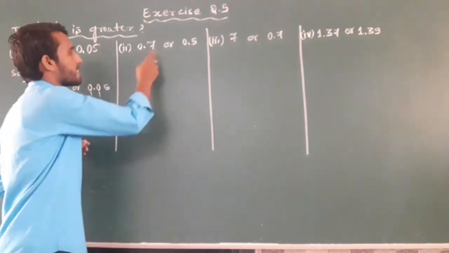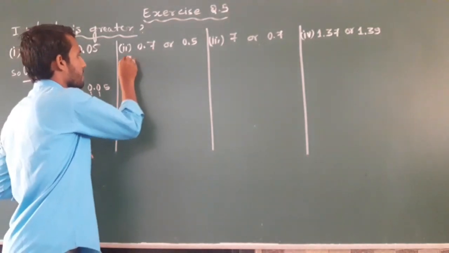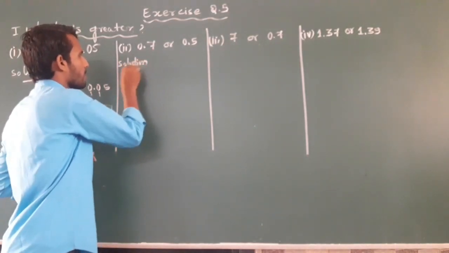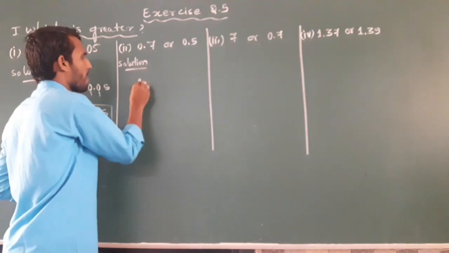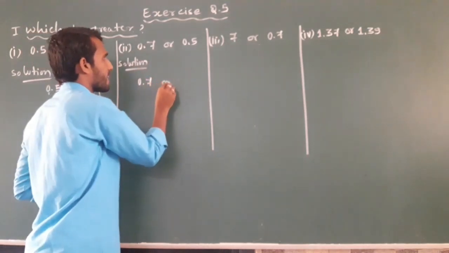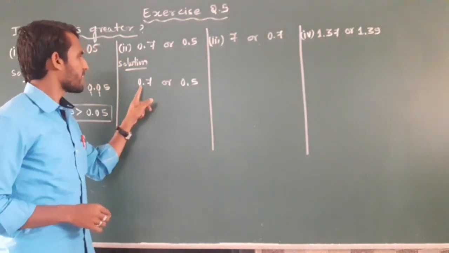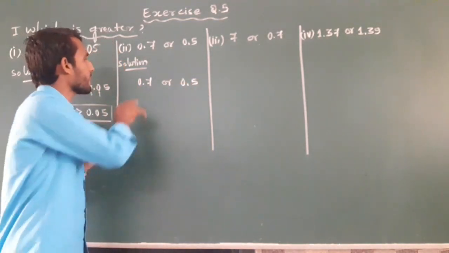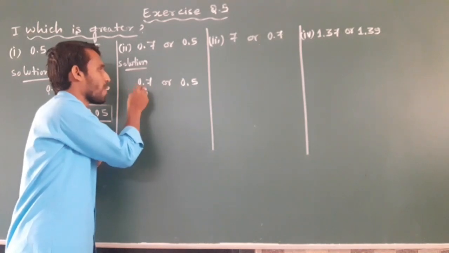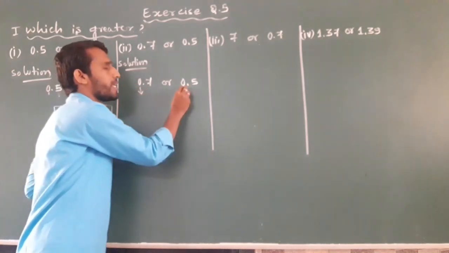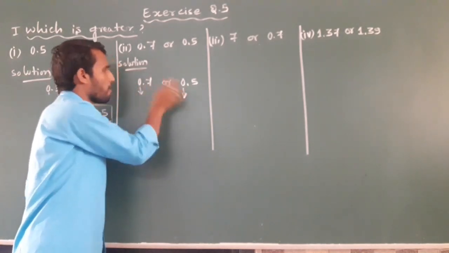Next, the second question. Let us see the solution. Dear friend, observe here: is 0.7 greater or is 0.5 greater? First you observe the ones place. In the first decimal number the ones place is 0, and here also the ones place is 0. Both are equal.